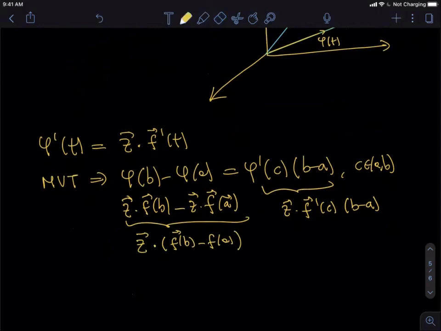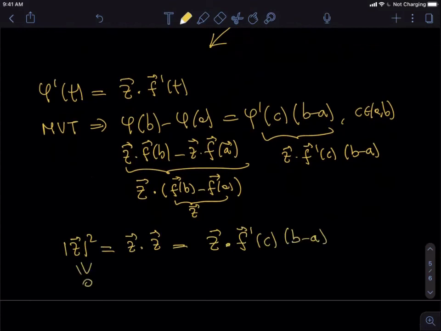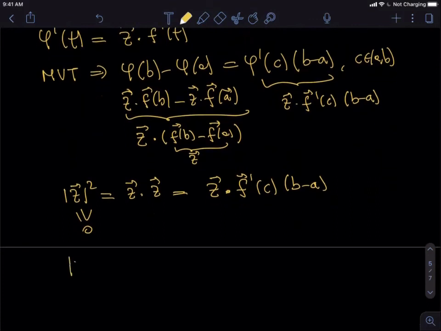And now notice what happens. The way we defined z was as the difference f of b minus f of a. So that's very cool, because we have the modulus of z squared, which is z times z, equals z times f prime of c times b minus a. So this is positive, bigger or equal than 0. So nothing changes if I take the modulus on both sides.